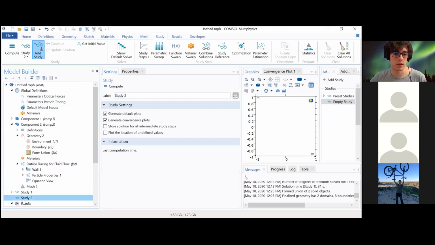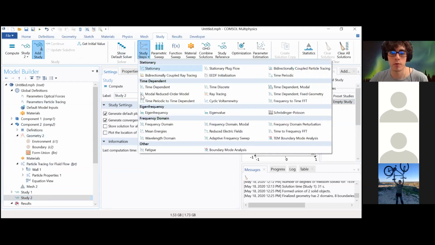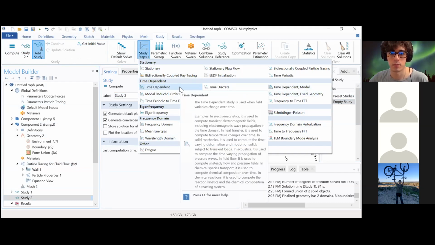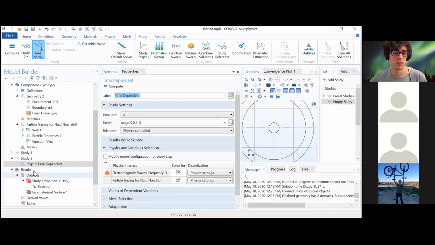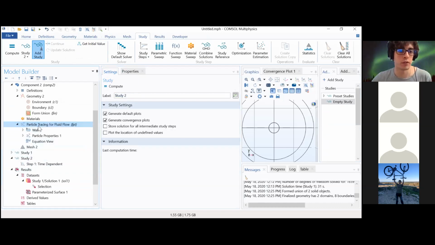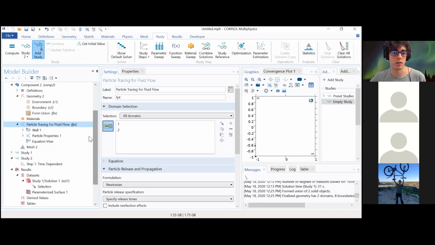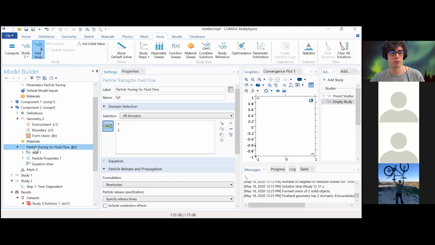An empty study here. And in this study, we will add a study step, which is time domain. Okay, before we go to the study, let me go to particle tracing for fluid flow and start with the physics.